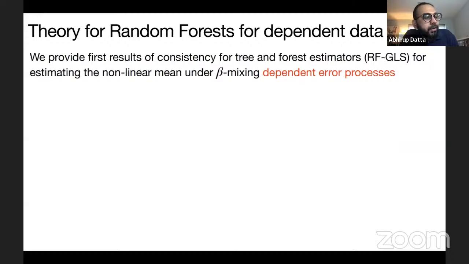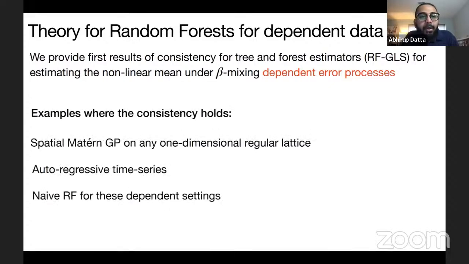So the theory of random forest is still kind of a work in progress. In 2015, there was a seminal paper which did theory for random forest for IID data. So we basically adopted that theory, but extended it to consider dependent data.